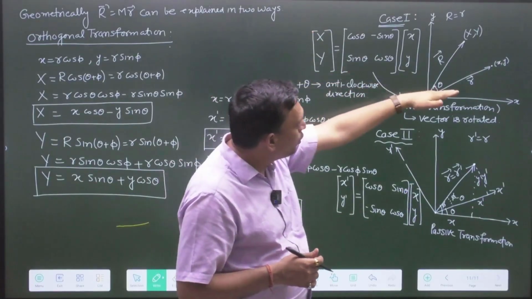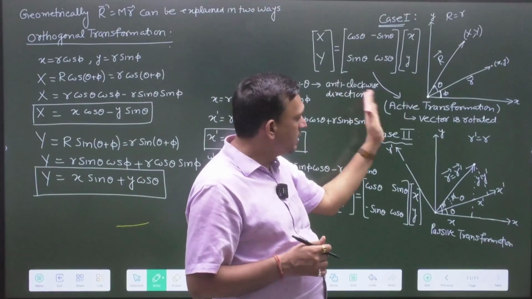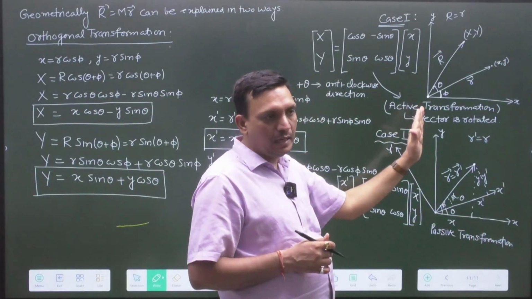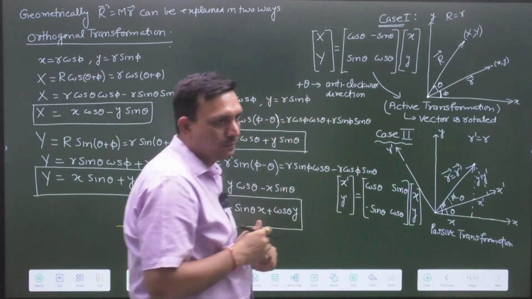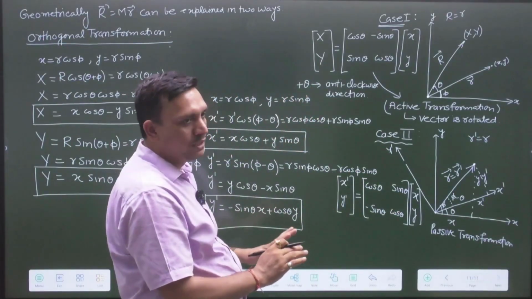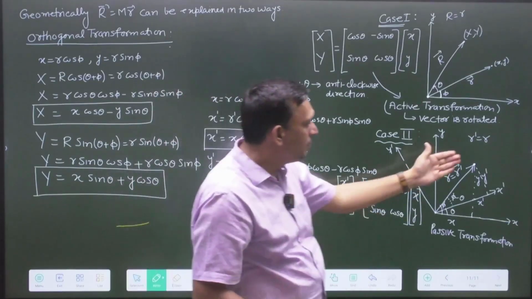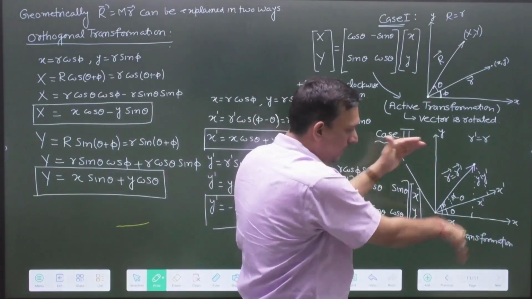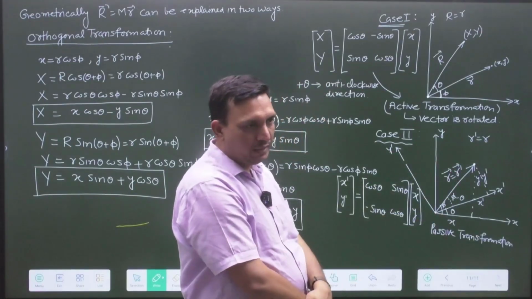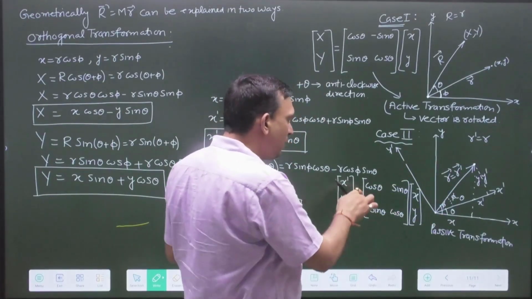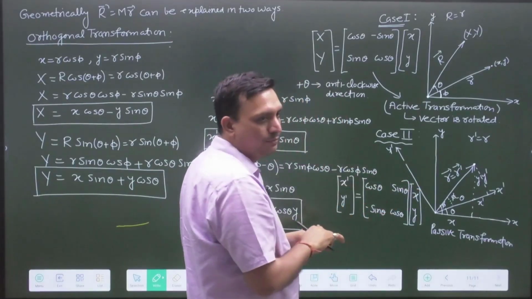So here both the vector and the axis are rotating in anti-clockwise direction, so you have to compare with these matrices. Theta is positive. For example, in the exam they have given that the axis is rotated in clockwise direction by minus 45 degrees. What will be the matrix? Here you have to put theta equal to minus 45.